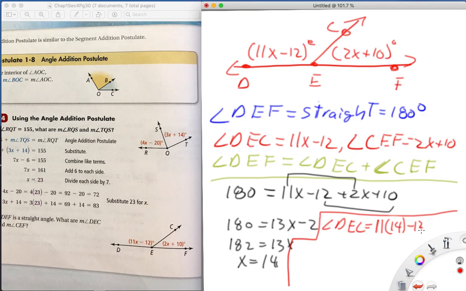So 11 times 14 is 154 minus 12 is 142. So angle DEC equals 142 degrees.